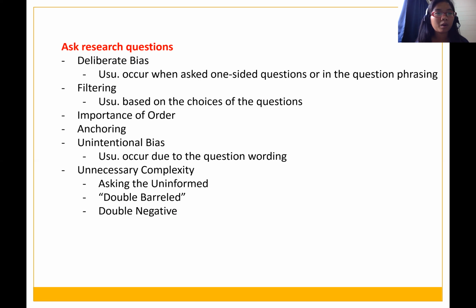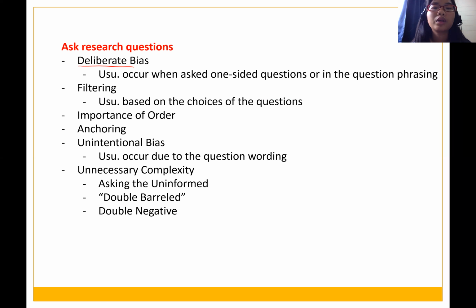One of the problems we might run into is deliberate bias. It's when you're asking a person, say, do you agree with something? Do you agree that we're all going to pass this class, or do you disagree that we're going to pass this class?